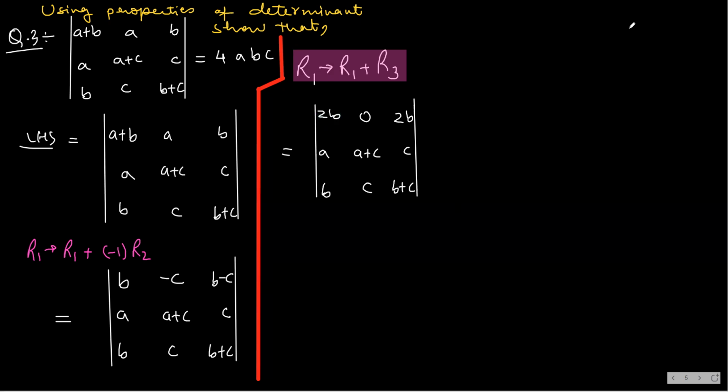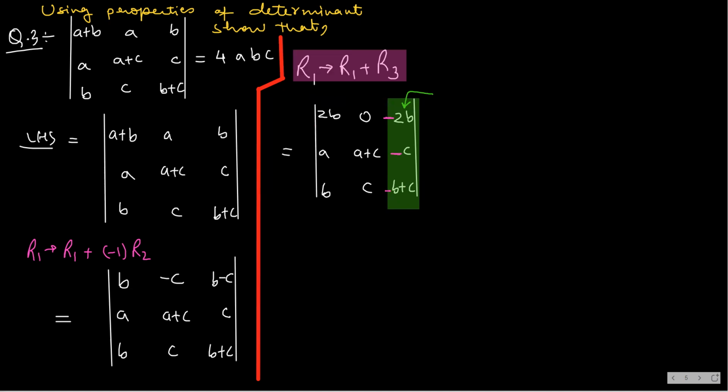How? See here. Because I got 2B here, if I multiply minus 1 in the elements of C3, what will happen? This will become negative 2B, negative C, and negative B, negative C, and then add it to C1. This will become 0.